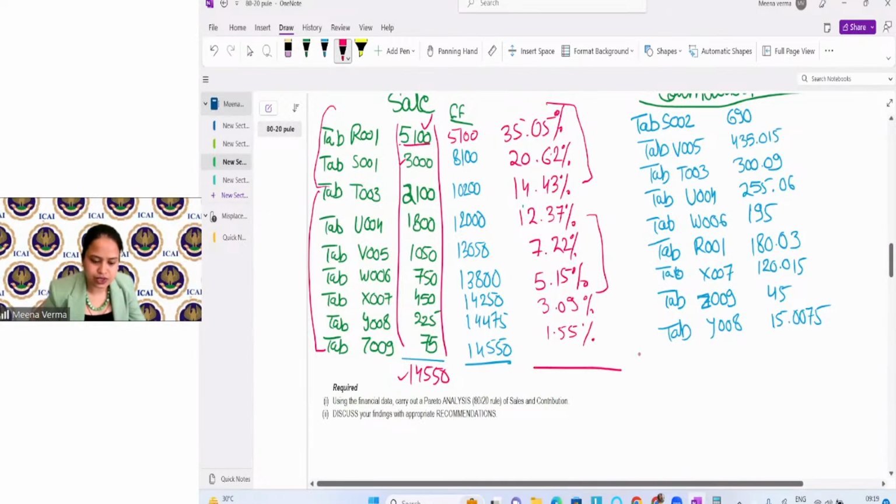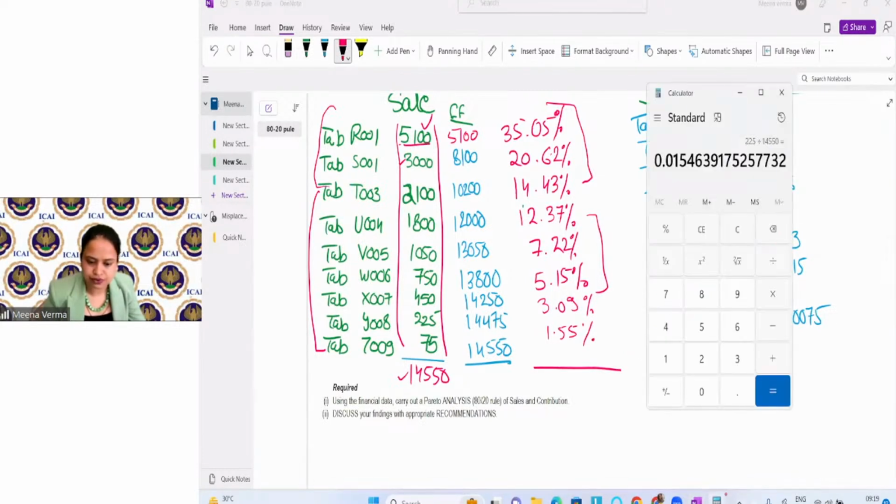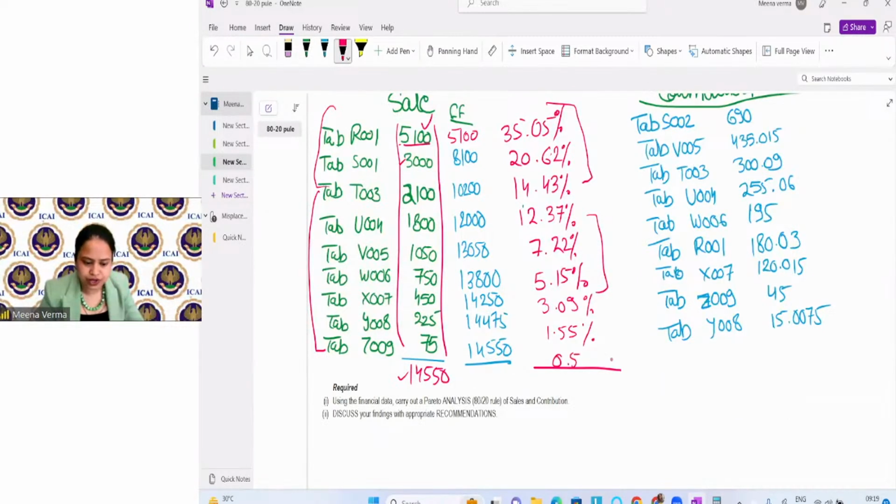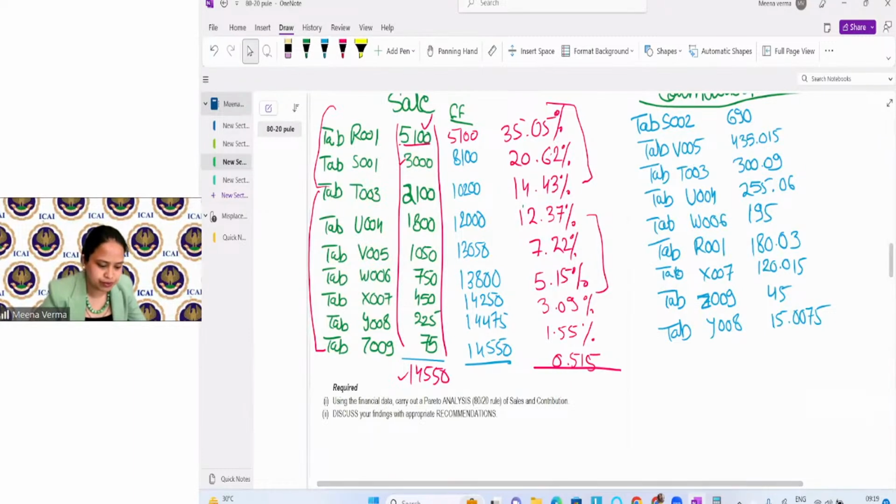And the last one is 75 divided by 14550. So this is coming as 0.515%.